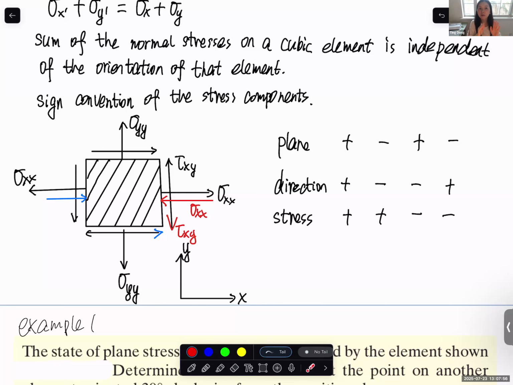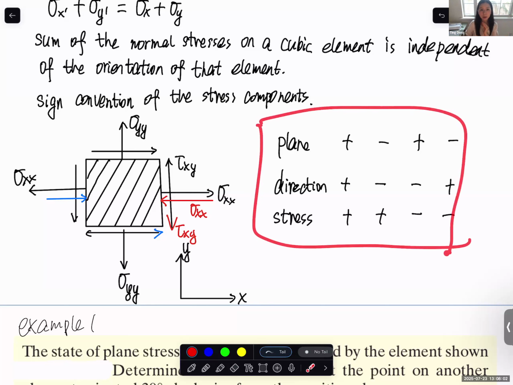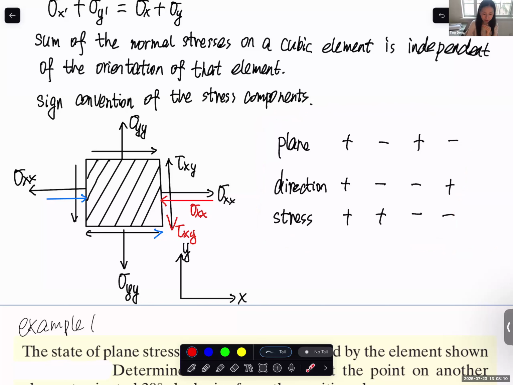But for anything related to stress components, we use this one. And in more advanced classes, this is the only one. In more advanced classes, no one will say, okay, this is a positive shear.